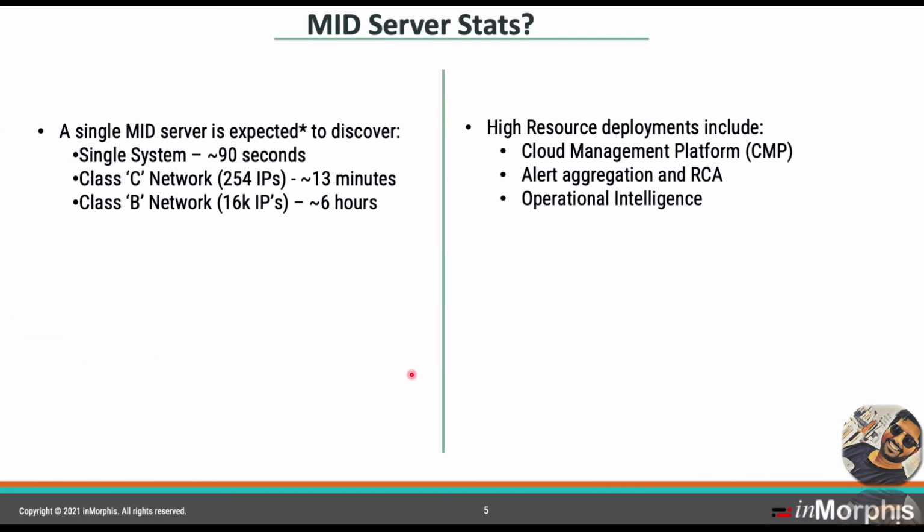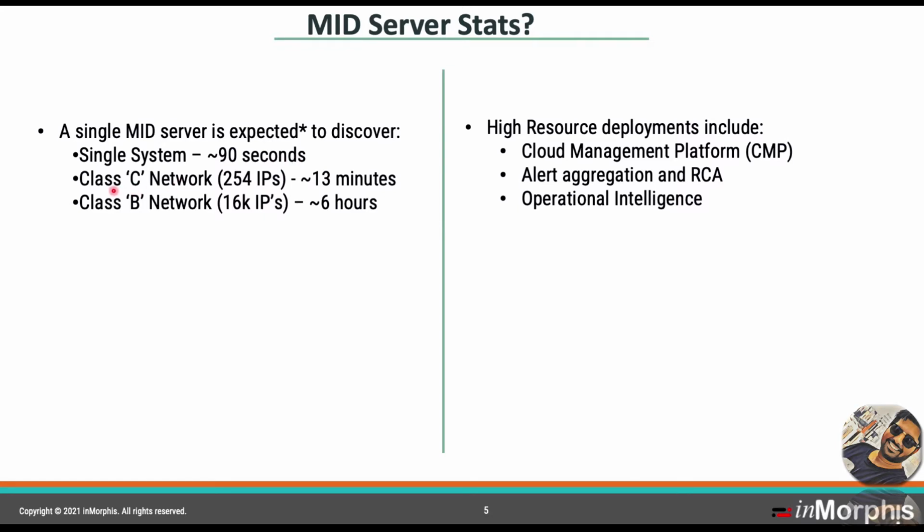Now, when we talk about a single mid server, these are some of the stats while doing discovery, but I'll give you a simple picture. Let's say we have a single mid server. To discover one IP, it will usually take 90 seconds.